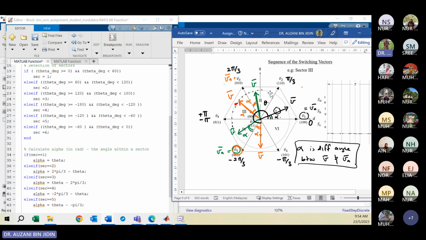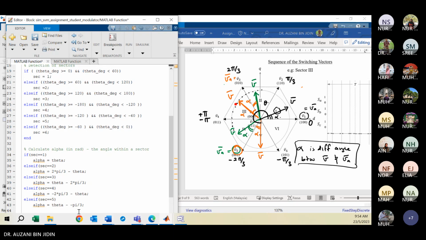Sorry, this is 2 pi. Or you can simplify this equation, because you have a minus, then simplify to positive.